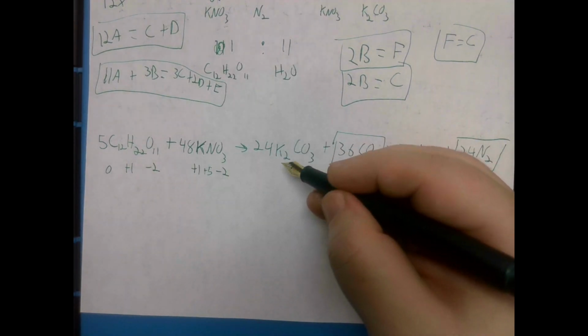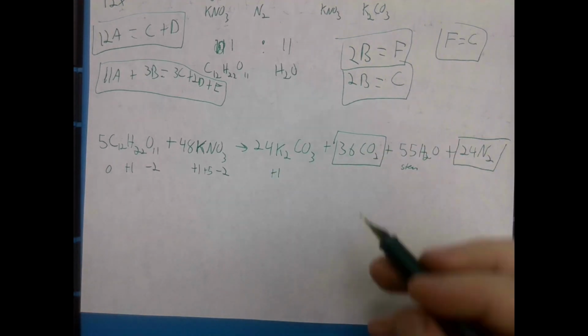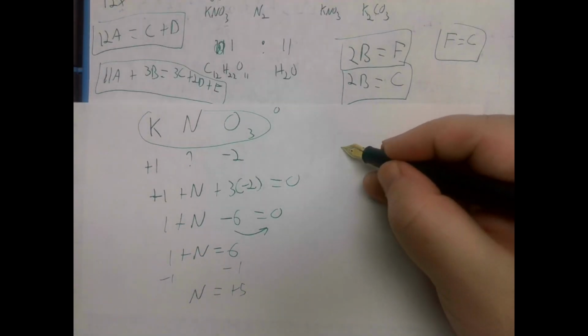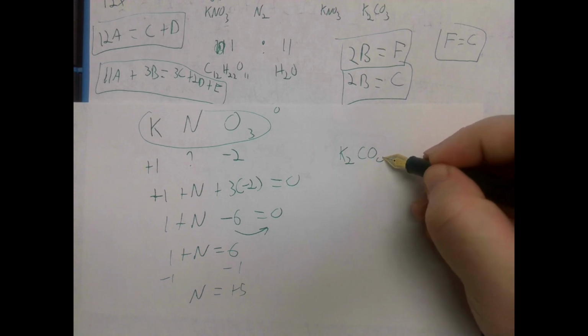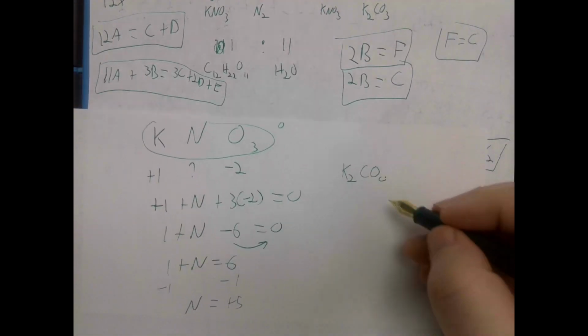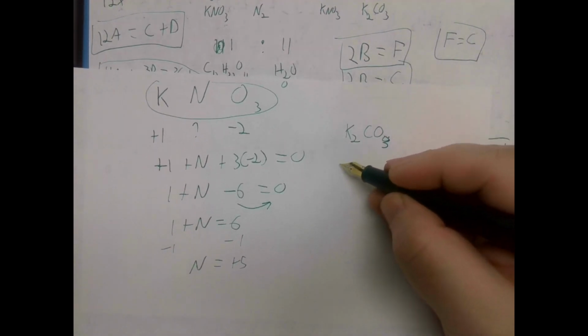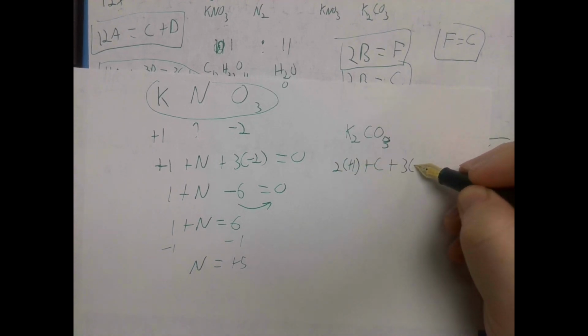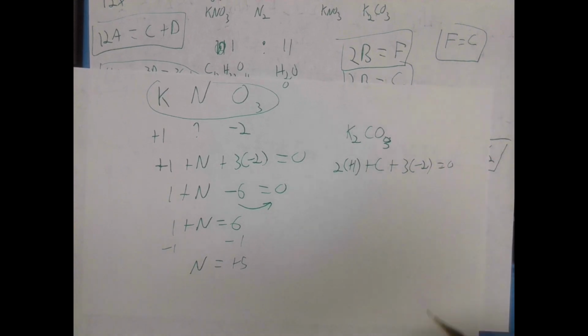Potassium is what? +1, it's in group 1. Oxygen is always -2. What would carbon be? So that'd be 2 plus 1 plus carbon plus 3 times -2 has to equal 0.